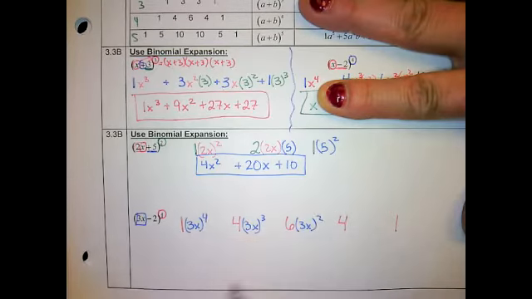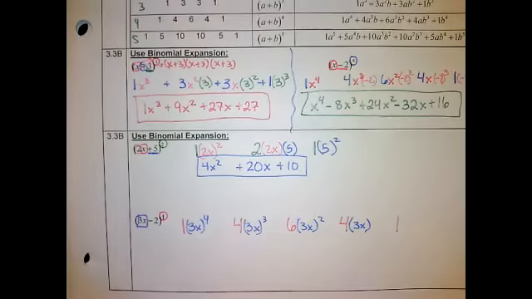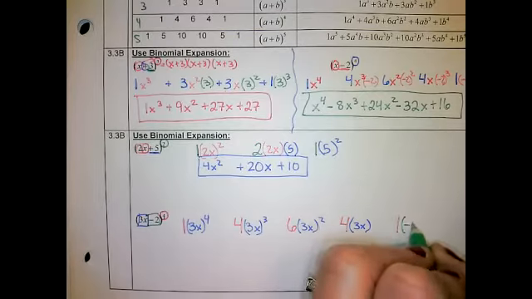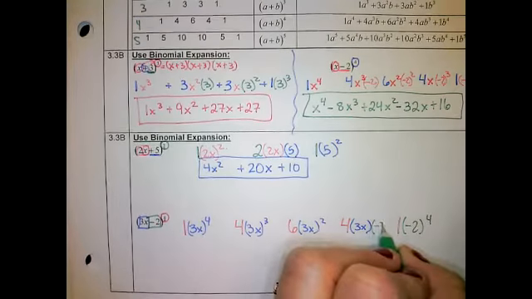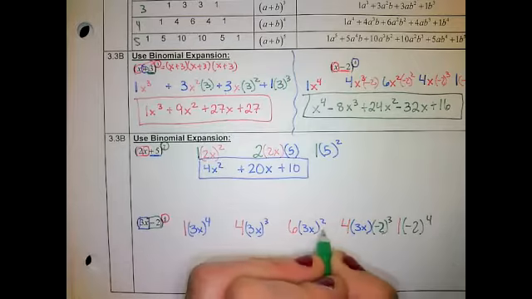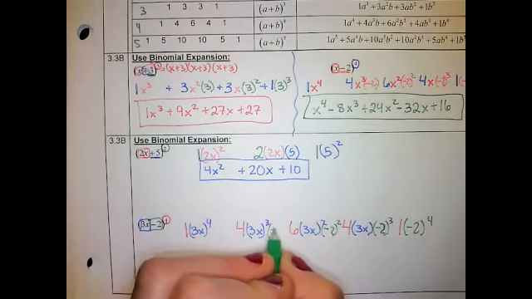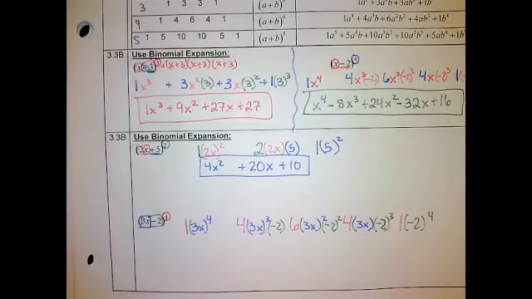Then it's squared. Then it's to the 1st power, and then it's not in my last term there. And then my -2 starts as -2 to the 4th power, then to the 3rd power, then squared, then to the 1st power, and then it's not in that term.